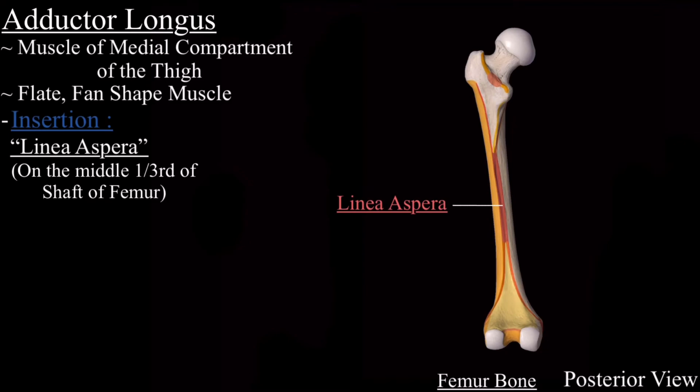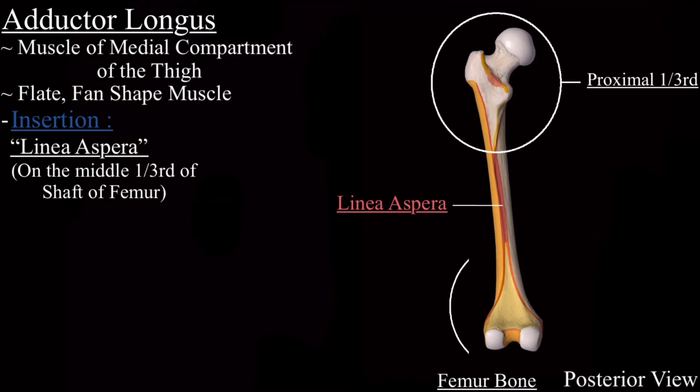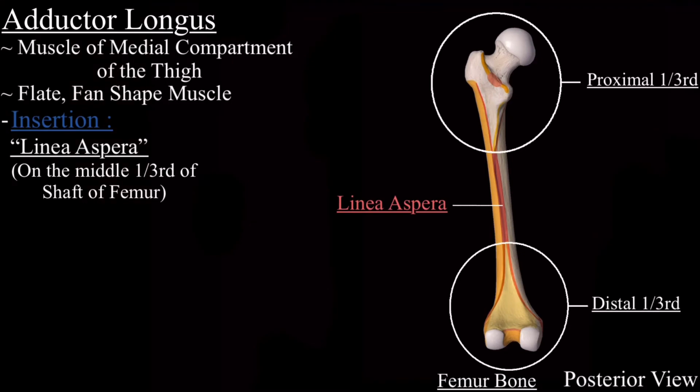We divide the femur bone into three parts: the proximal 1/3, the distal 1/3, and the middle 1/3. The linea aspera is present on the middle 1/3 of the femur bone, where the adductor longus muscle is inserted.